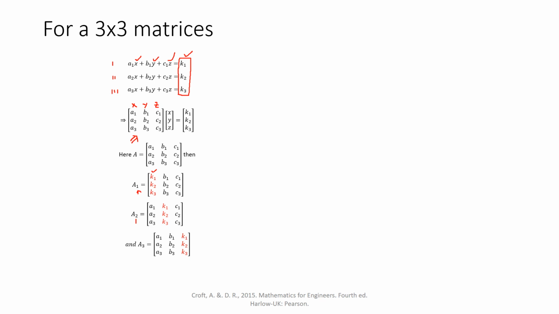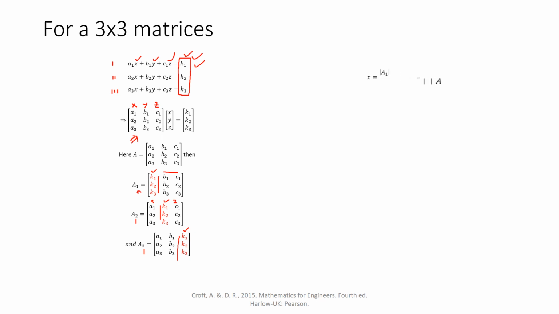This is A2, so it will be placed in column 2, and A3 means it will be placed in column 3. And notice that all other things are the same. This was for x, so x is written. This is for z, so z is written. And A2 is changed, A3 is changed. Here column 3 changes, here column 2 changes, and here column 1 changes according to the given matrix.